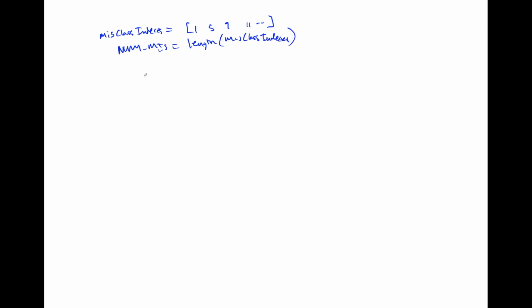And then from that, we're going to select one of those indices in the interval between 1 and that size of the misclassified indices, num misclassified.